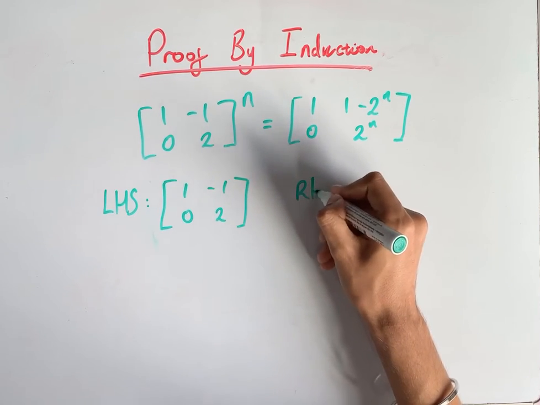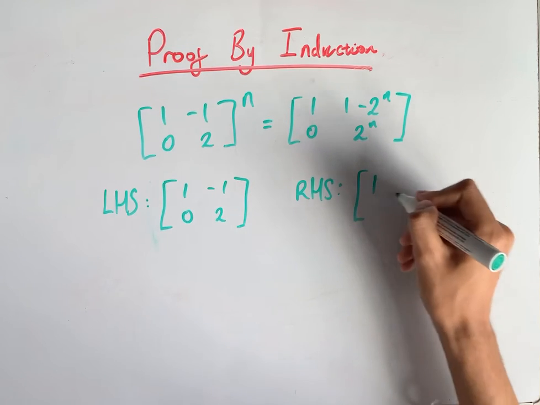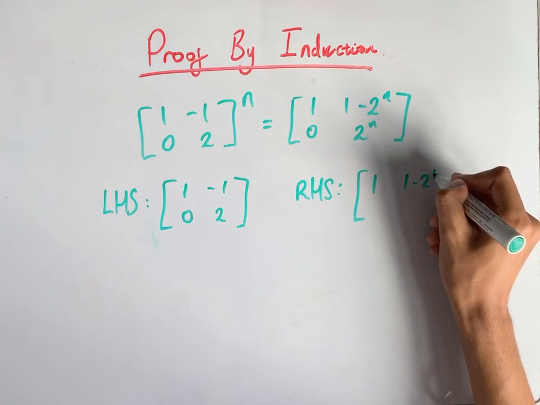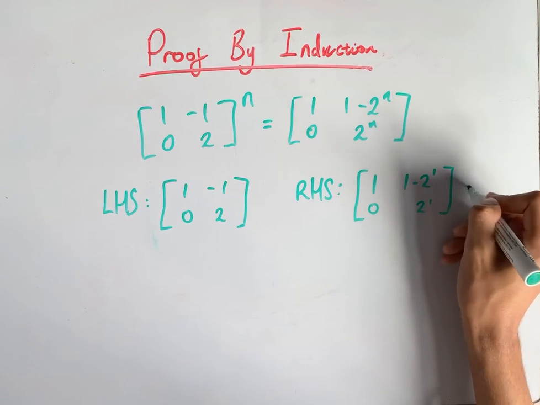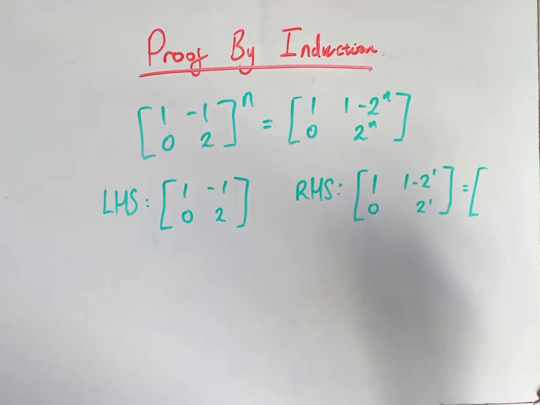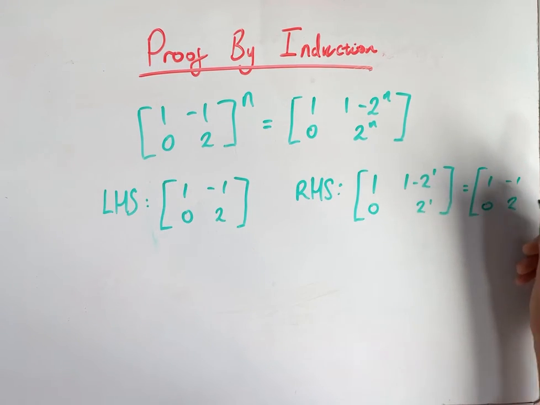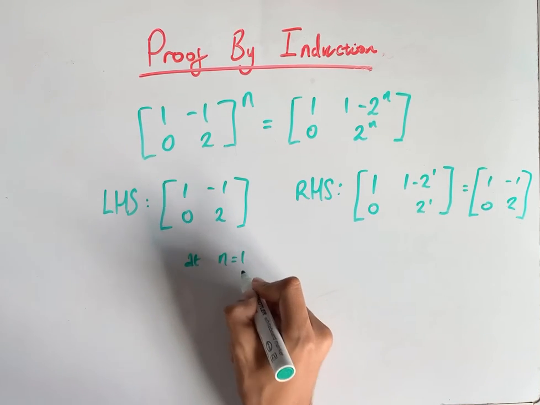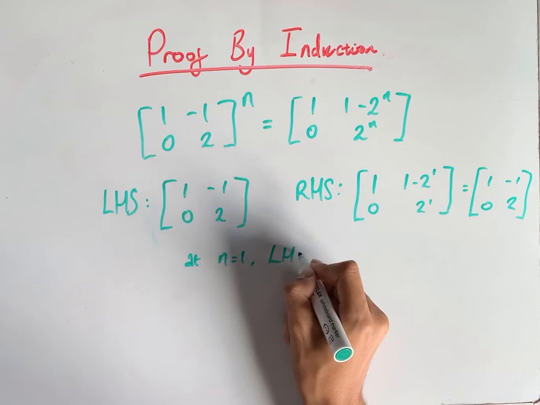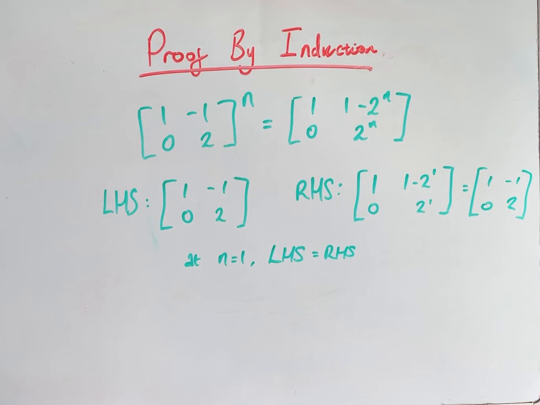Now for the right-hand side, if we want to evaluate it at n equals 1, we end up with 1, 1 minus 2 to the 1, 0, and 2 to the 1. And this is equal to 1, minus 1, 0, and 2. So at n equals 1, LHS equals RHS. So we've proven it for a given number and we've completed our basis.